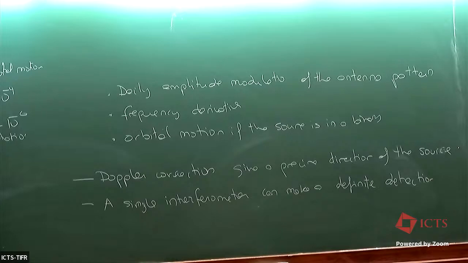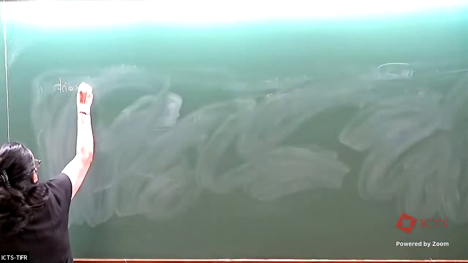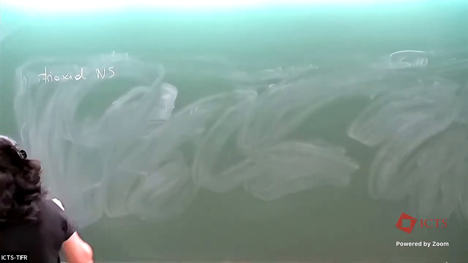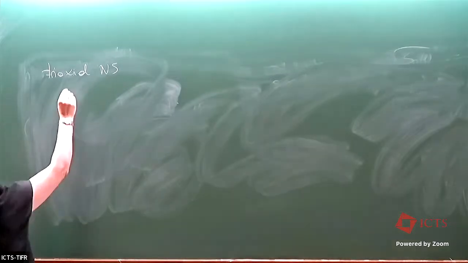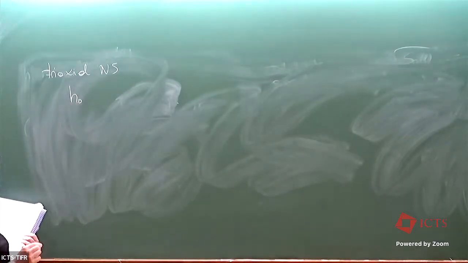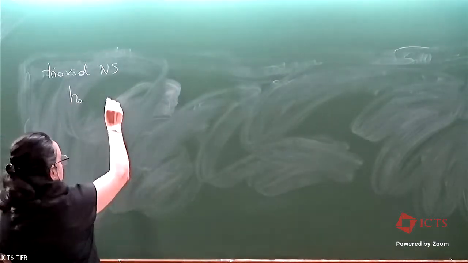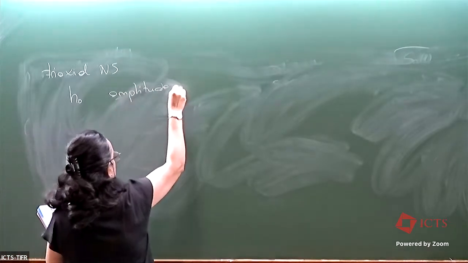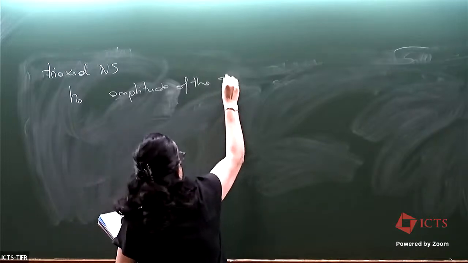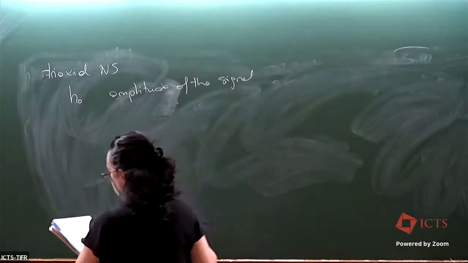So if I go again for these triaxial neutron stars, we were having h0, the amplitude of the signal.